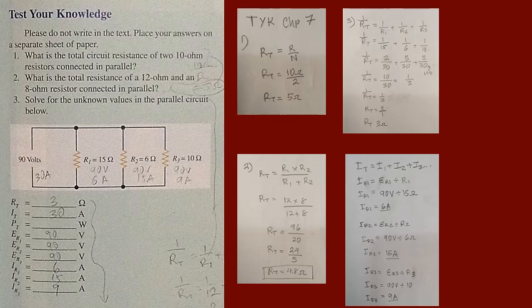But we need to find our resistance total, and for that we use the reciprocal formula method for resistance, and that is 1 over RT equals 1 over R1 plus 1 over R2, etc. In this case, we have 1 over 15 ohms on R1.